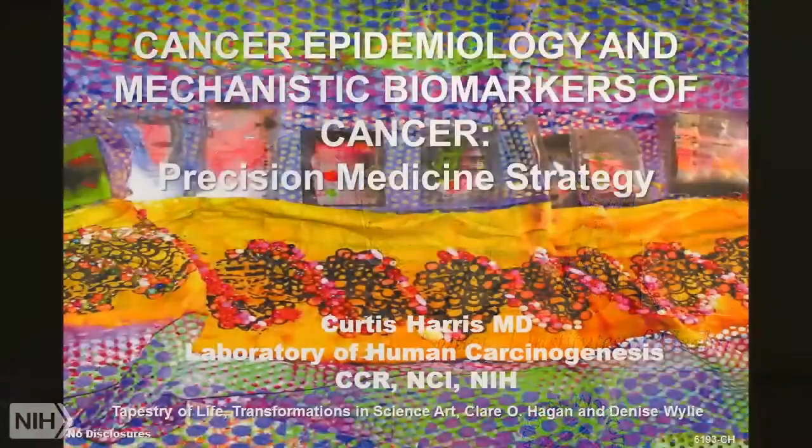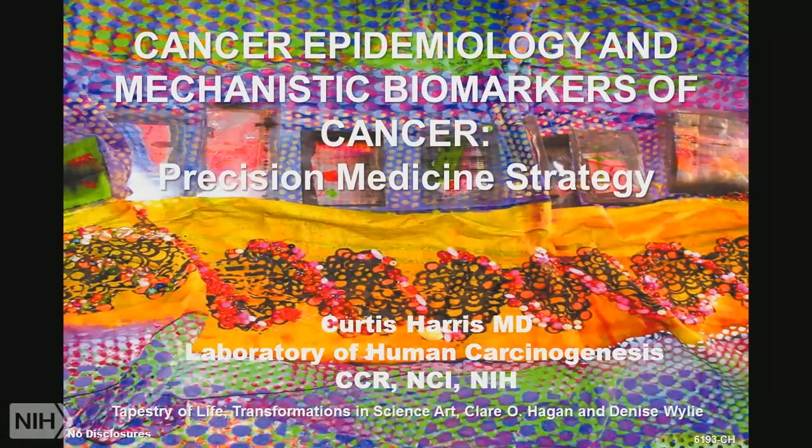So I'm going to discuss some of the principles of precision medicine. It's going to be largely in the context of lung cancer, but I'll say something about colon cancer along the way.